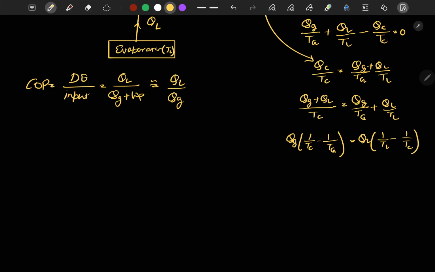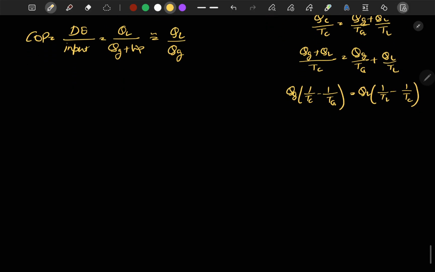From here we can write QG is equal to QL times (TC minus TL) by TL into TG upon (TG minus TC).